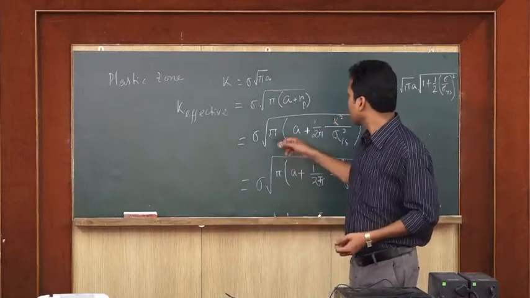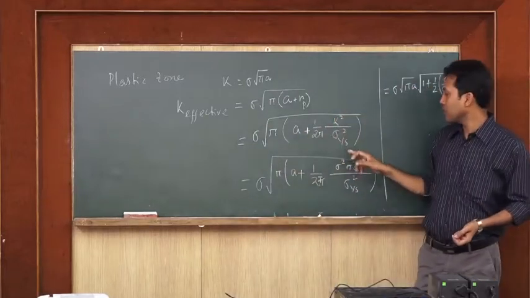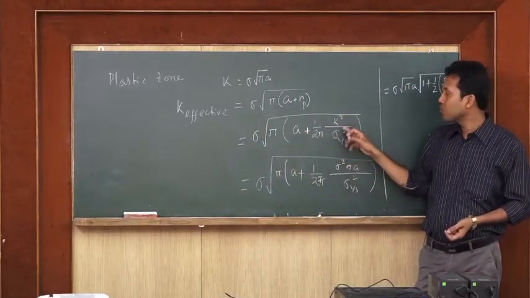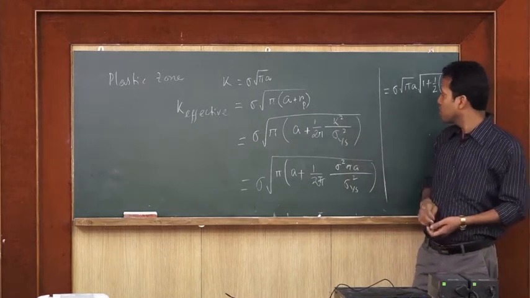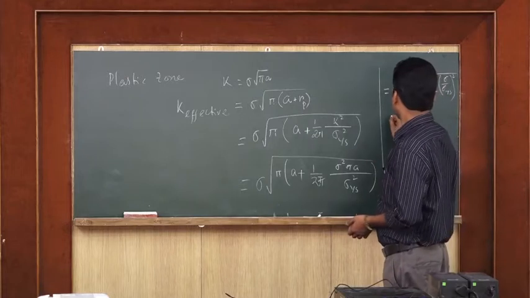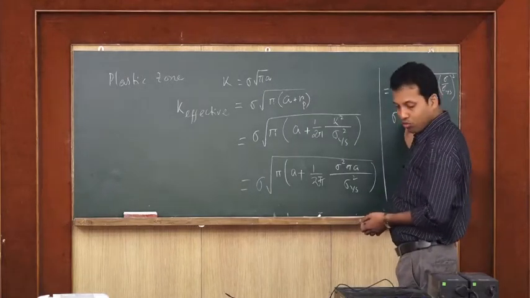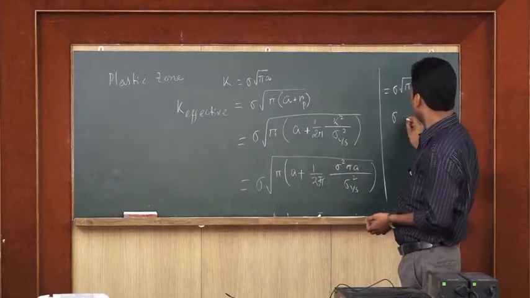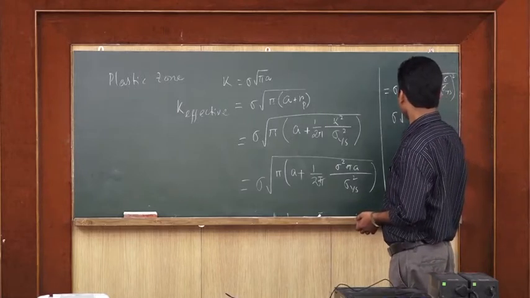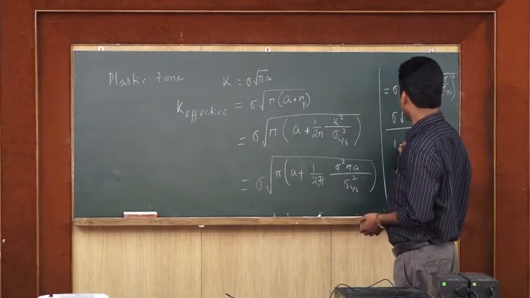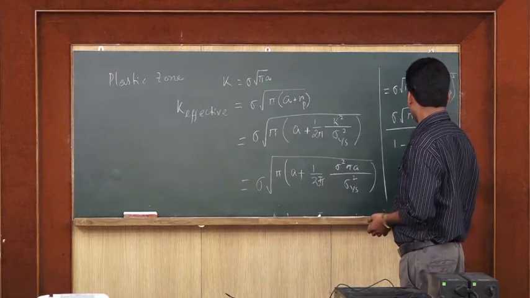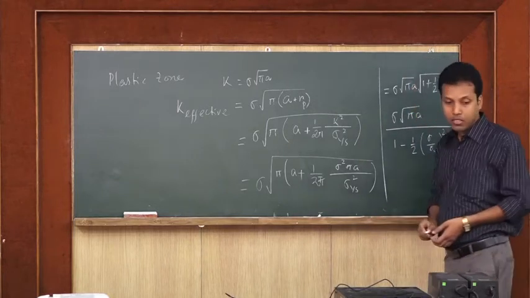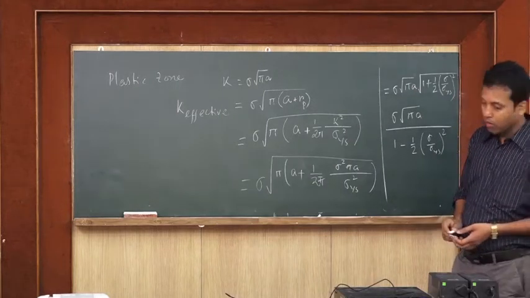So, instead of putting K and its particular values here, if you put K effective, then the final expression will be something like sigma root pi a divided by 1 minus 1 by 2 sigma by sigma ys whole square, whole to the power half.